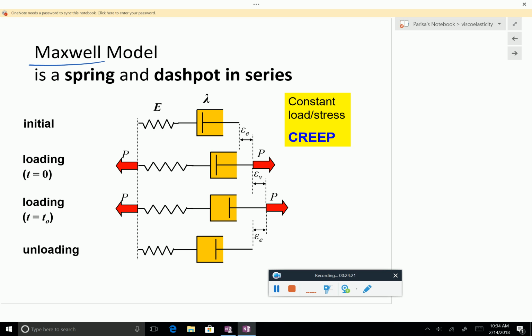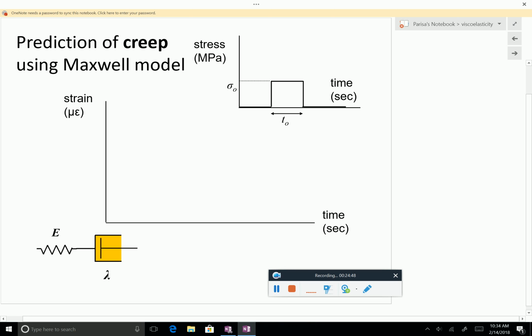When I apply the load in the very beginning, I have elastic deformation, epsilon sub e. Then I keep the load a little bit longer. Added to that will be viscous deformation because of the dashpot, epsilon sub v. If I remove the load, what goes back is epsilon e. Now, we can write this down.